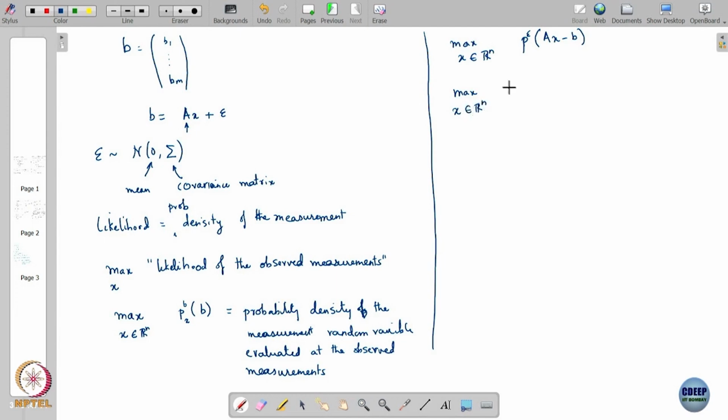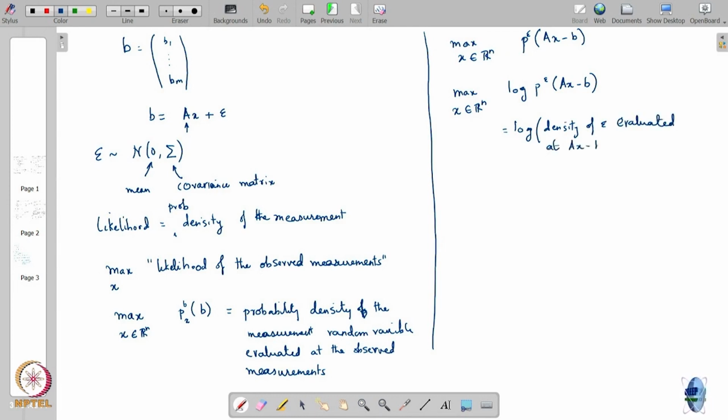So, take the log of the probability density of the random variable epsilon evaluated at Ax minus b.